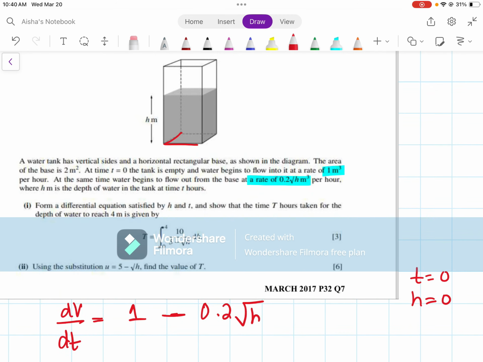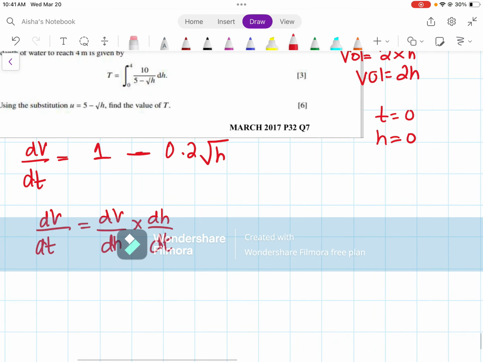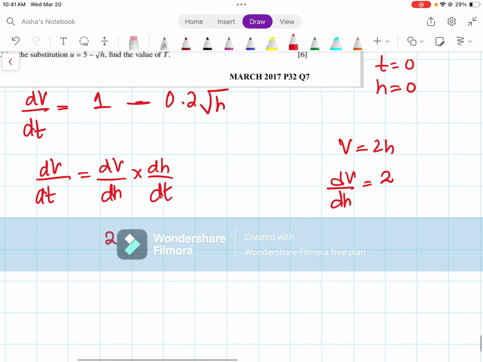The base is 2 meters square, so the base area is 2 meters square. The volume is base into height, so volume is 2h. So dV upon dt equals dV upon dh into dh upon dt. Volume is 2h, so dV upon dh becomes 2.